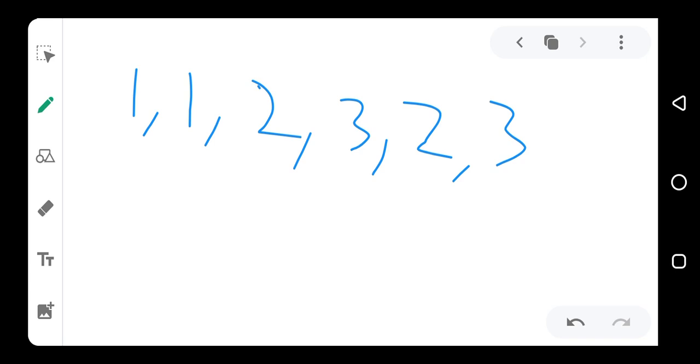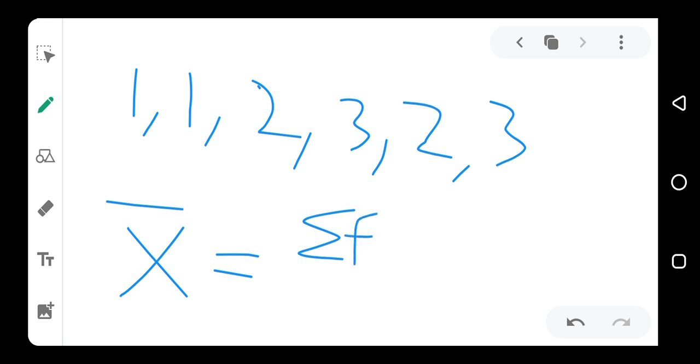In a situation where each value is occurring more than one, we use another formula. The formula is mean, or x bar, is equal to sigma fx all over sigma f.